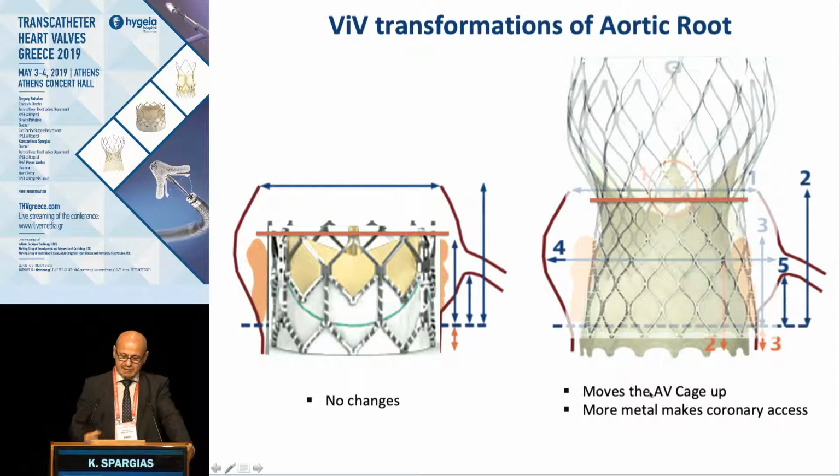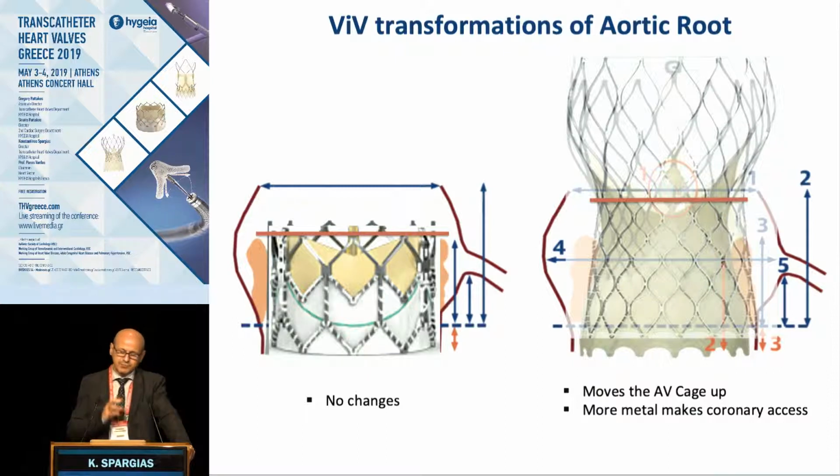But when we have a supra-annular valve, when we are going to need a valve-in-valve procedure in the future, this is going to considerably alter the anatomy of the aortic root. So if the anatomy of the aortic root is small, you can imagine that it may isolate the sinus of Valsalva and interrupt the return of blood there, so we may have problems with the coronaries.